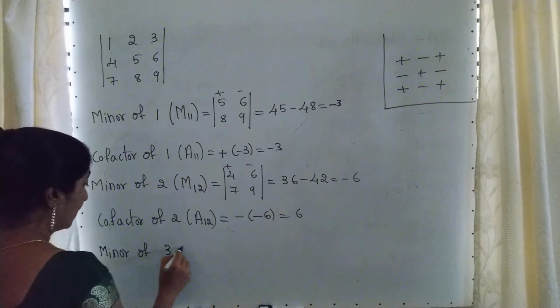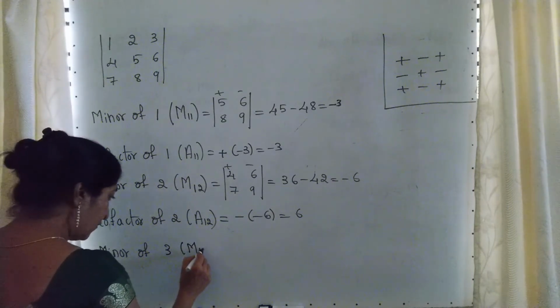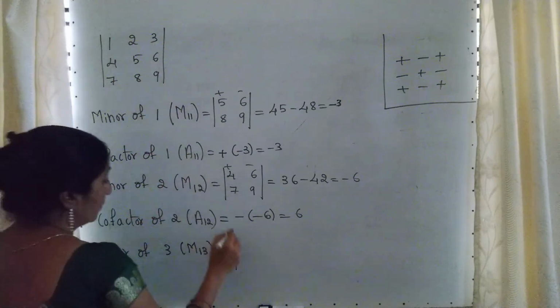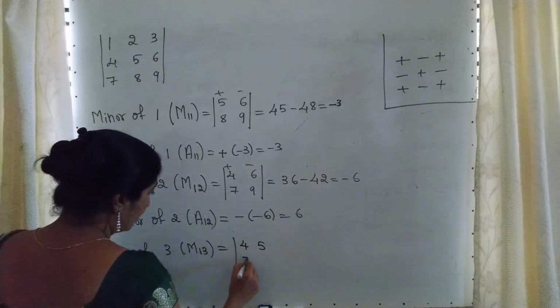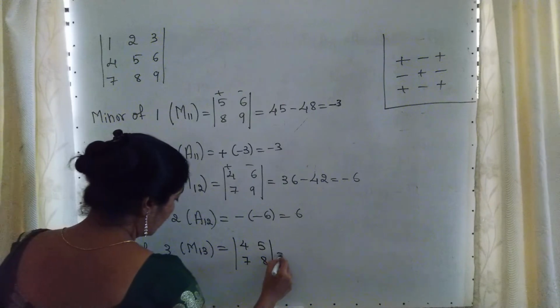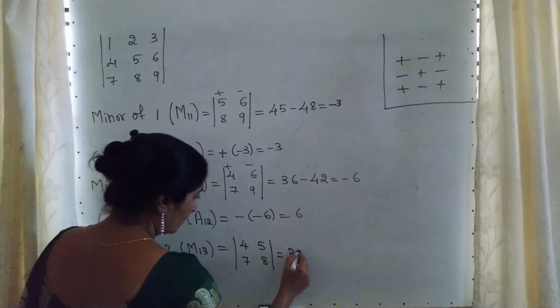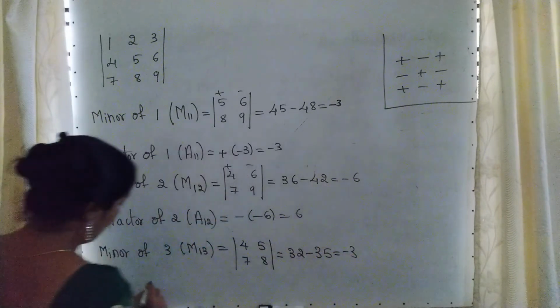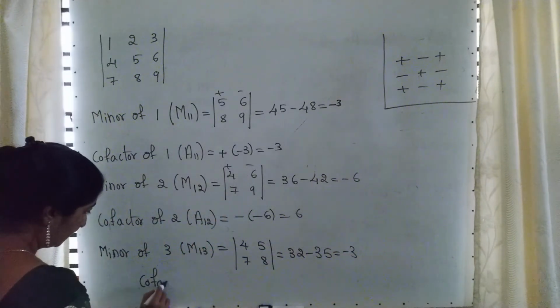Minor of 3 lies in first row, third column. Leave that row and column. Tell me what is the cofactor?